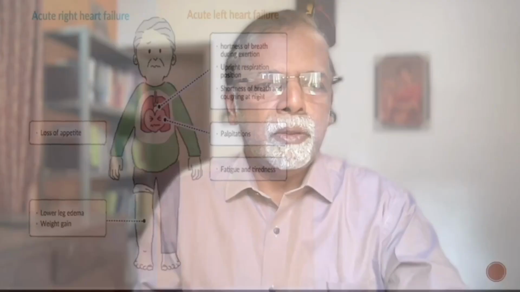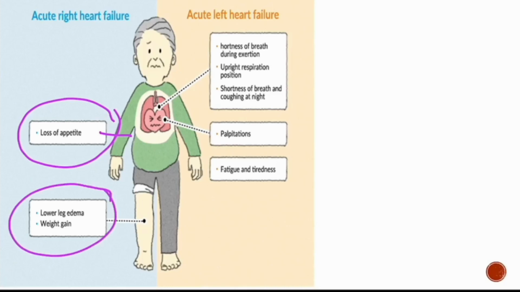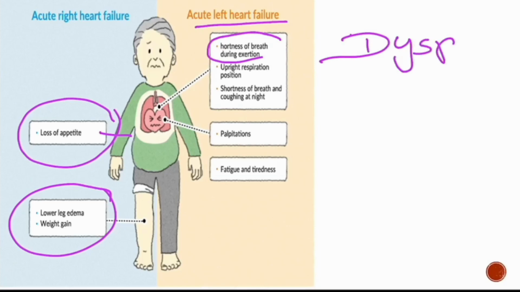Now we will quickly look into the findings that you get in right heart failure. As mentioned, because of the liver congestion, loss of appetite and abdominal discomfort, tenderness or pain in the right hypochondrium, lower limb edema, and weight gain from fluid retention. As mentioned, left heart failure leads mainly to shortness of breath. So dyspnea is the classical finding in left heart failure.